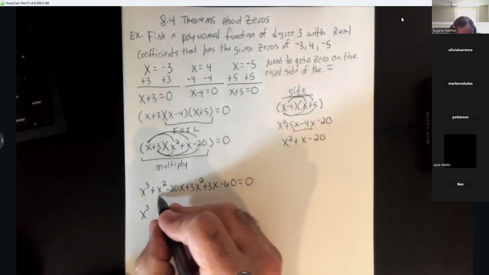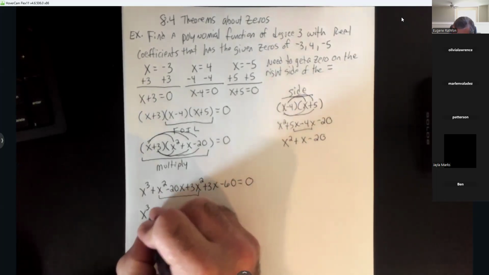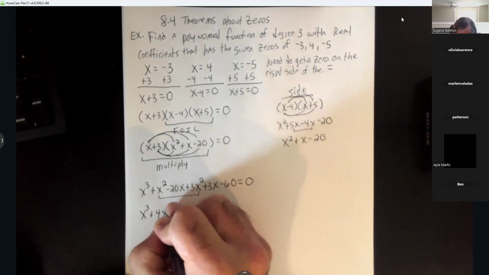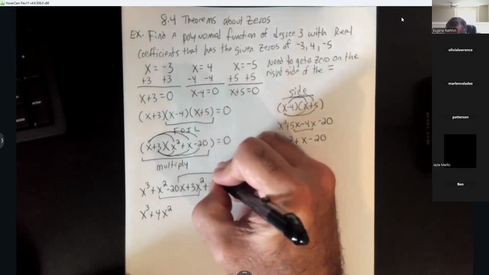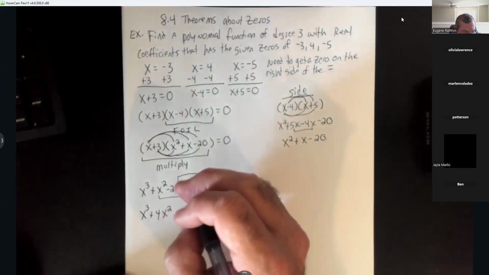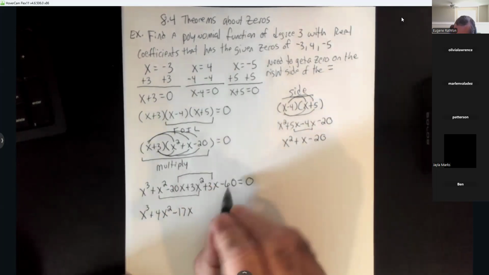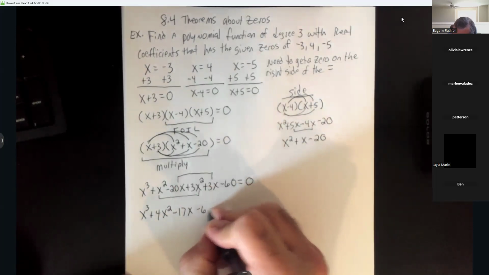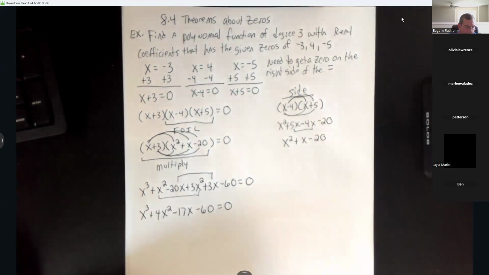So on the x squareds, I got 1 and 3, which will give me 4x squareds. On the x's, I got a negative 20, positive 3. So negative 20, positive 3 will give me negative 17x. And y'all, at the end is my negative 60.